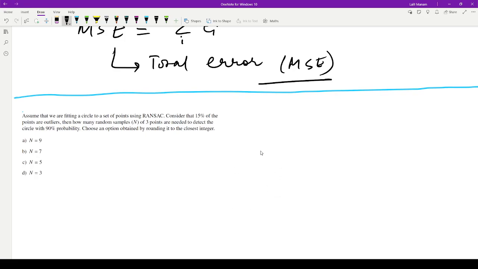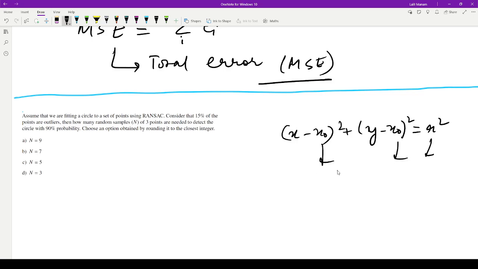How many parameters do you need to actually define a circle? 3. Three, right? So each x comma y will give you how many equations?